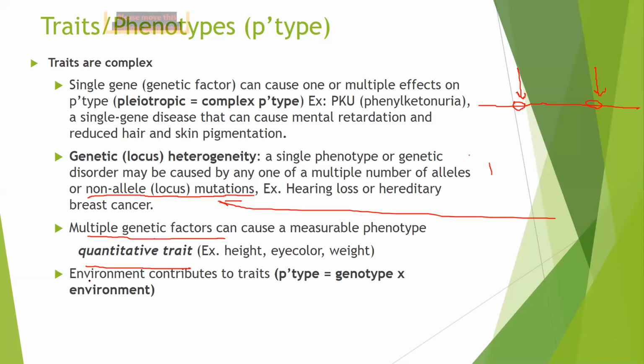Also, one thing I would like to point out is the importance of the environment, because the environment contributes to the traits as well. In the future, you're going to learn that the variability observed in phenotypes sometimes will be caused by the interaction between genotypes and the environment.